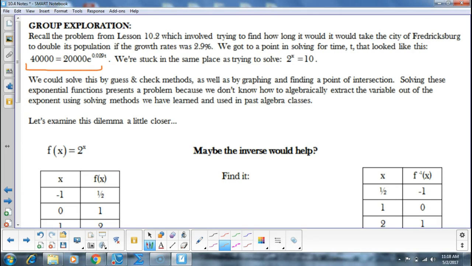Today we're going to try a third method, and that's called using the inverses. Now, inverses are opposites, right? Adding is the inverse of subtracting. Multiplying is the inverse of dividing.